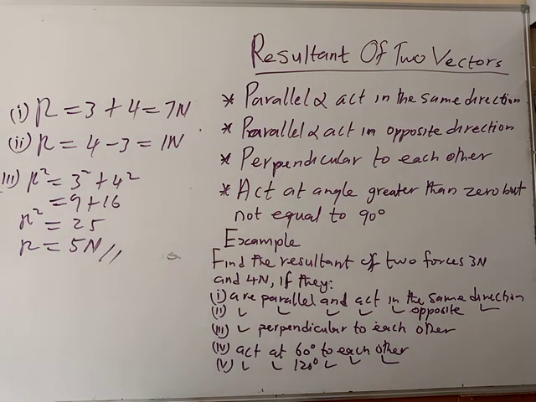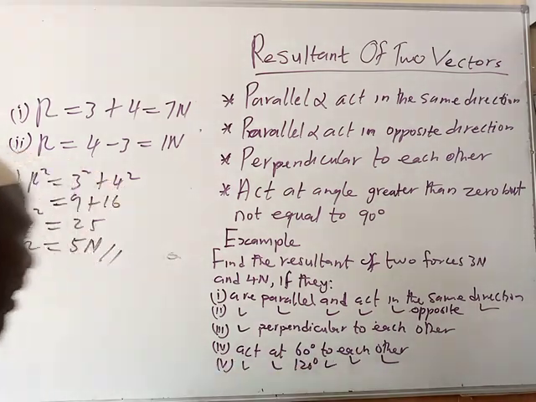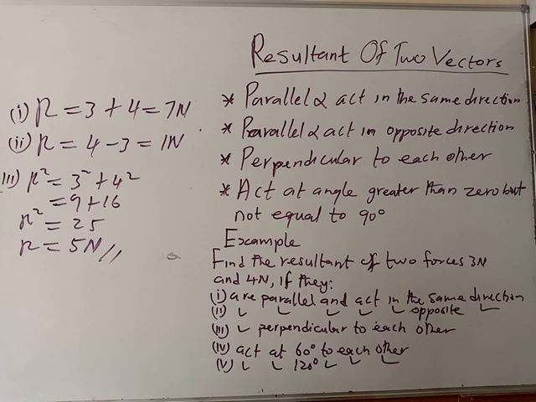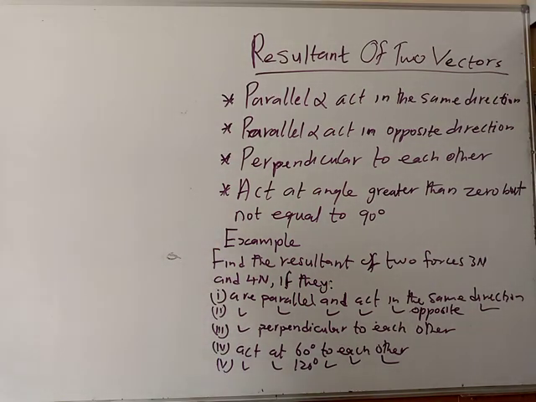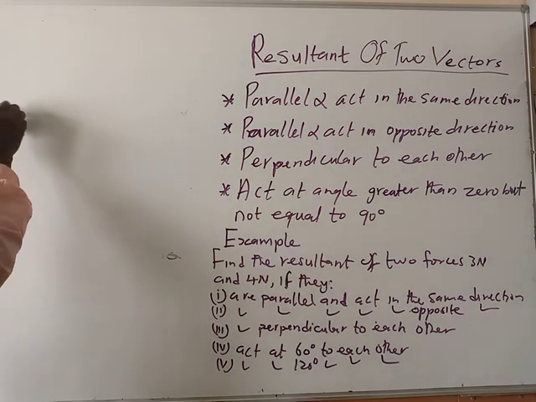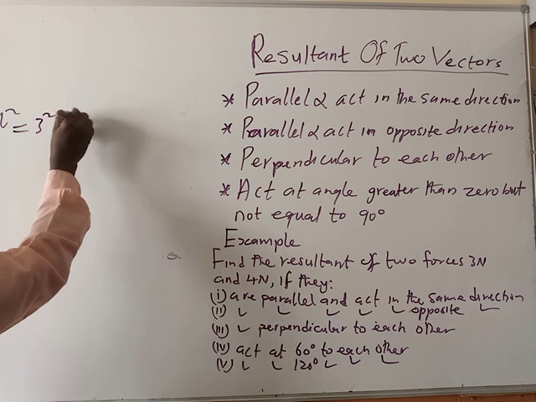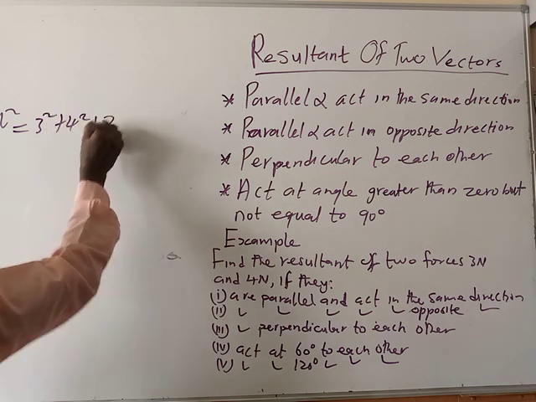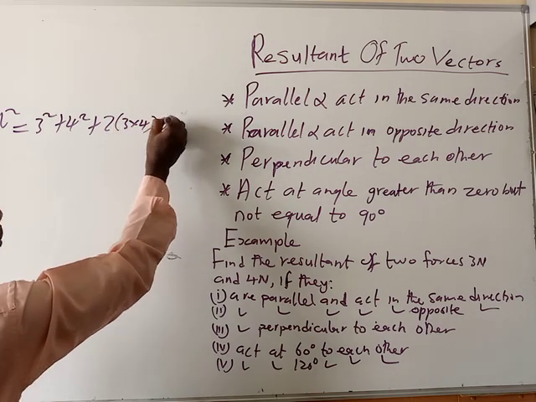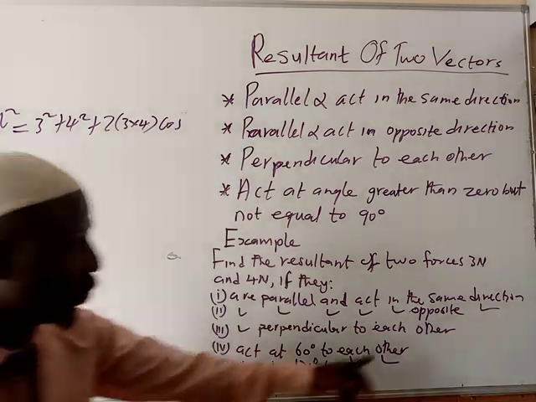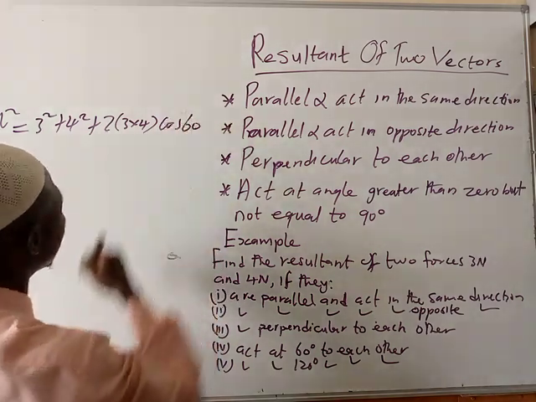Now, number 4, they act at an angle of 60 degrees to each other. Then we apply the cosine rule. In that case, we have the resultant squared is equal to 3 squared plus 4 squared plus 2 times 3 times 4 cos of the angle between the two vectors, that is cos 60.